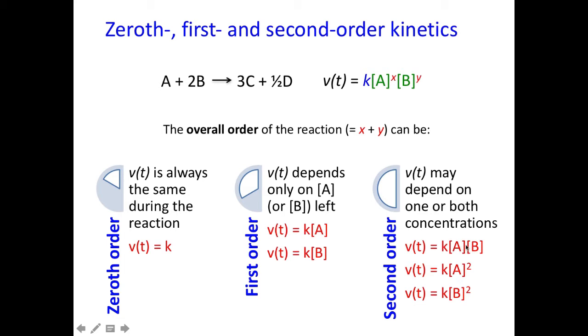So this reaction is first order in A, but the overall order is 2, with the sum of the exponents 1 and 1. We would have also this other case, where we have Vt equals k and the square of the concentration of A, or the square of the concentration of B. In all these cases, we have an overall second order reaction.